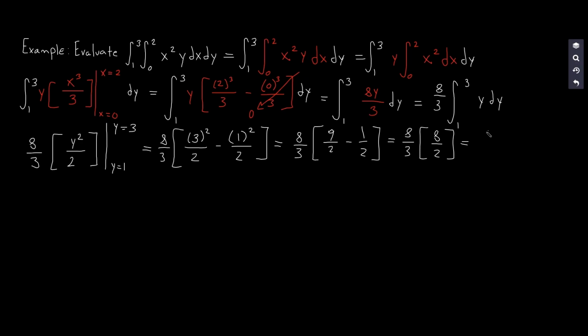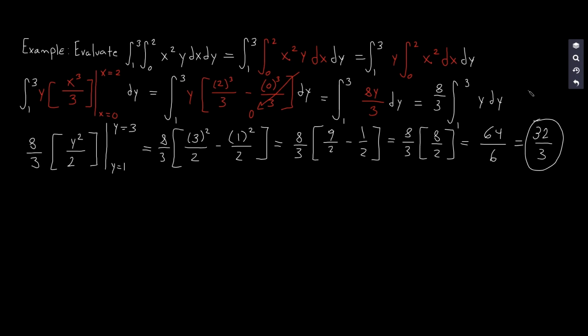That's going to give us 64 over 6. To try to simplify this, I'm going to break it in half, because they're both divisible by 2. 64 divided by 2 is 32, and 6 divided by 2 is 3. And so the answer to this is going to be 32 thirds.